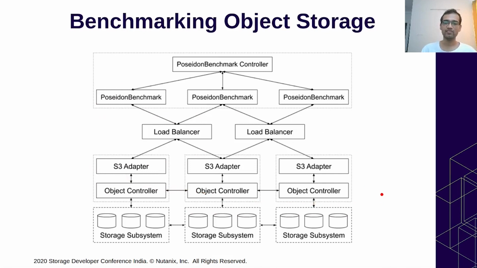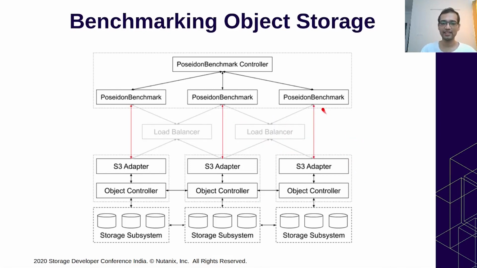Now, when we talk about bypassing some of the layers, for example, if we want to bypass the load balancer to ensure that the load balancers themselves are not the bottleneck, we can configure the benchmark to directly talk to the S3 adapters that are sitting below the load balancers.